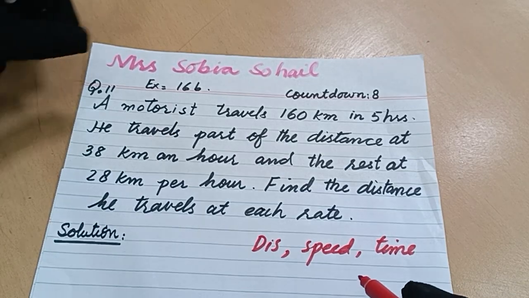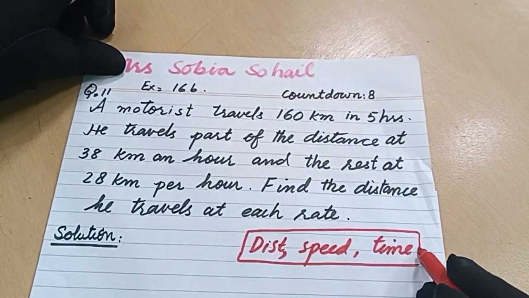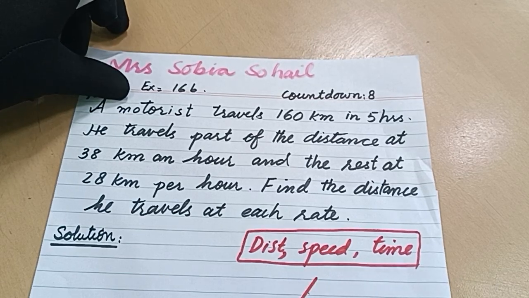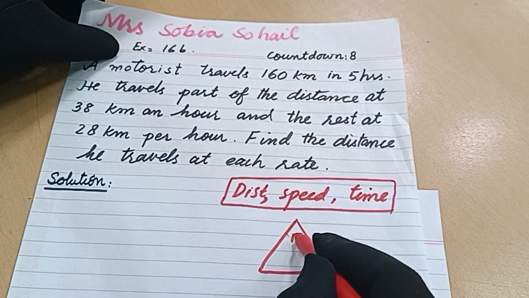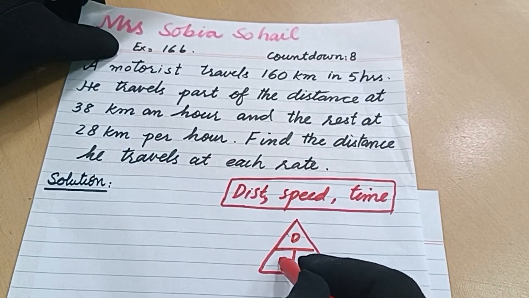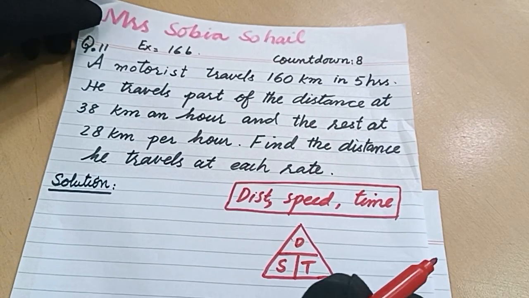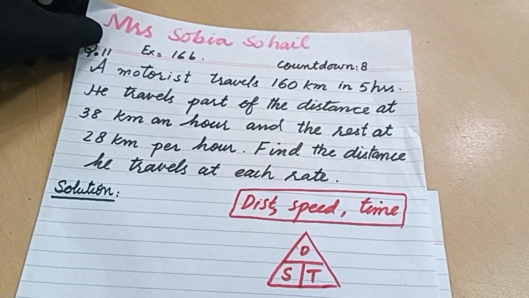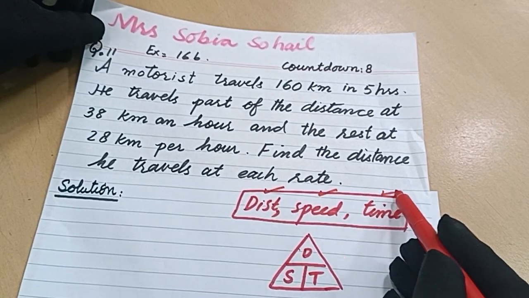Whenever I'm teaching this topic to my students, I every time relate a triangle which is very favorite to me. This triangle has D, S and T. You must be very confident about the relationship in these three terms: distance, speed and time.